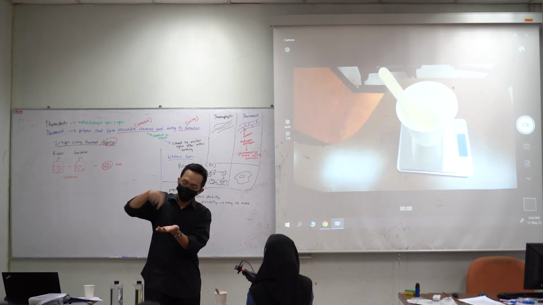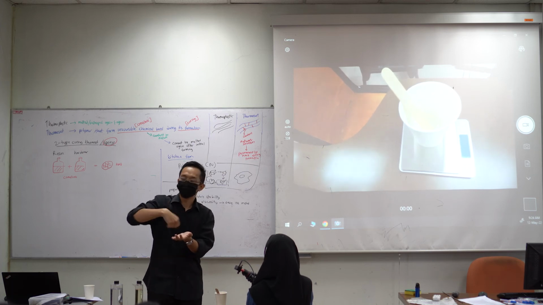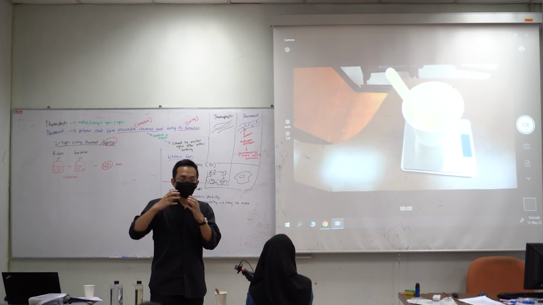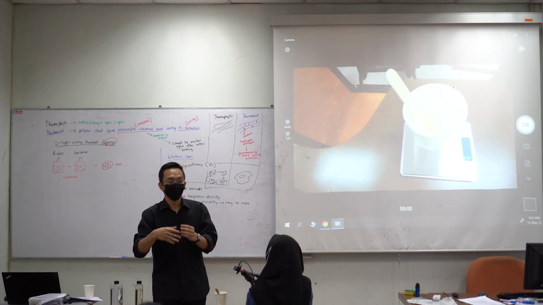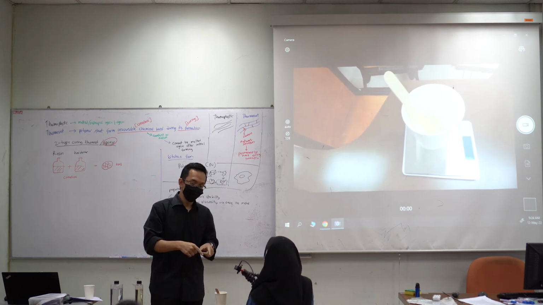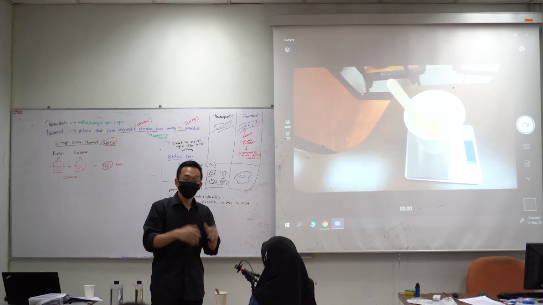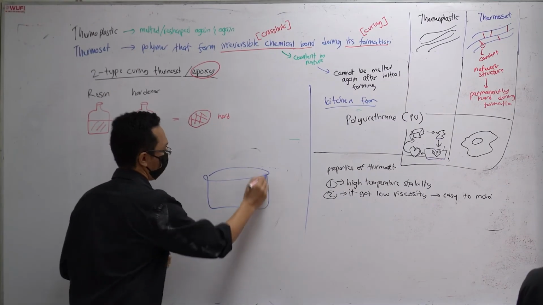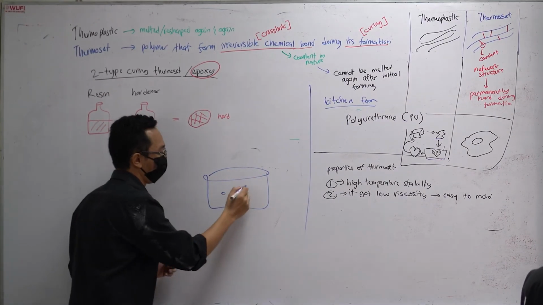If you stir a viscous liquid very fast, bubbles will form. And when it cures, you get something like this: a sample that is already cured and hard, but with bubbles inside.